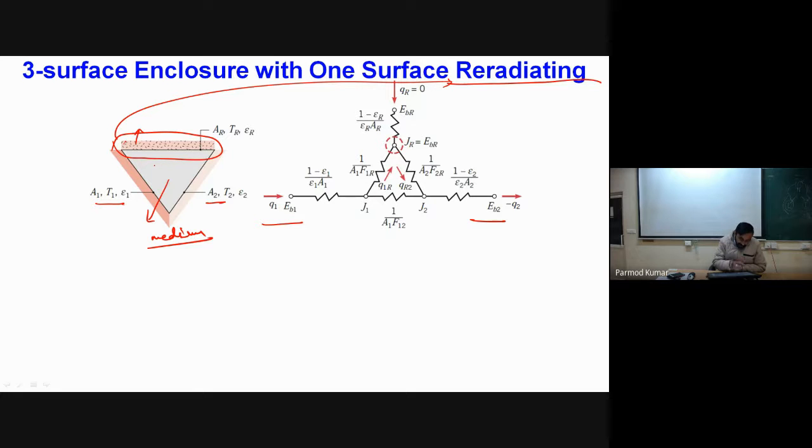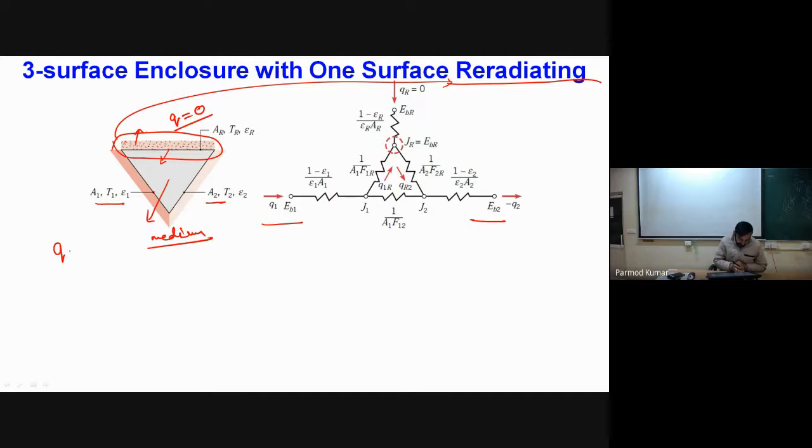Under this assumption, only radiation is happening, and the other side of this surface is perfectly insulated, so we don't have any heat going out of this phase. For this phase, Q associated with it will be equal to 0, because it is only in thermal equilibrium with the cavity and no heat is going out from the other side.